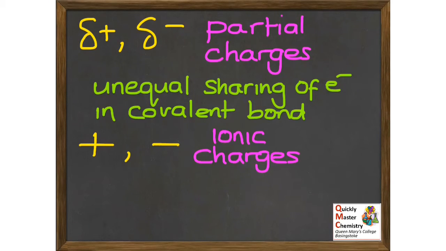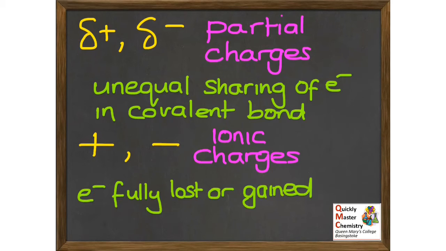On the other hand, of course, we can also have ionic charges in chemistry, the full positive and the full negative, written without the delta symbol. And these are caused when you have truly, fully lost or gained an electron, like a sodium atom losing its outer shell electron becomes an Na plus ion.